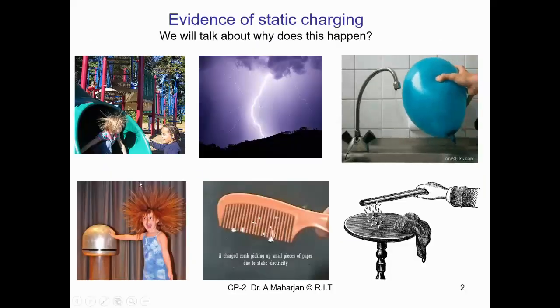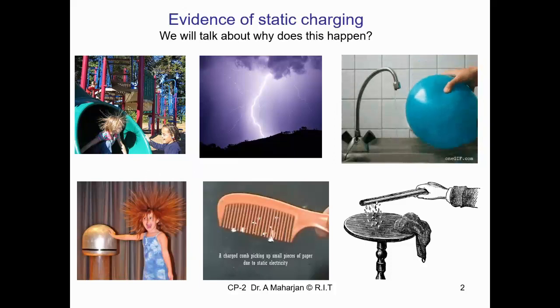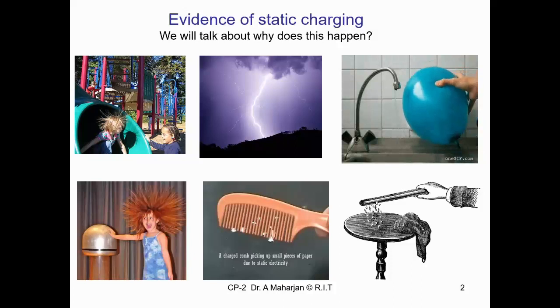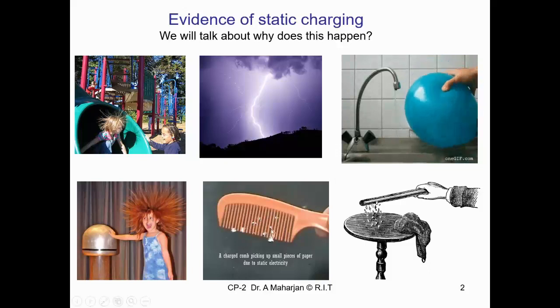So let me first show you some everyday life examples, and these are all examples of electrostatics or static charging. You can clearly see your comb, when you rub your comb against your hair, right, sometimes it can attract bits of paper, something like that.